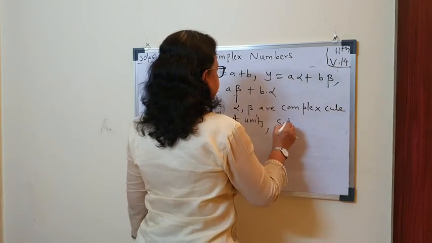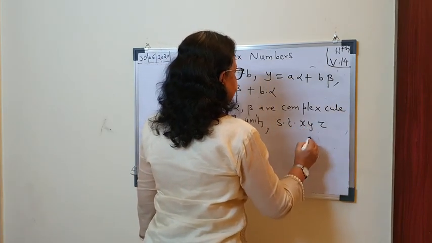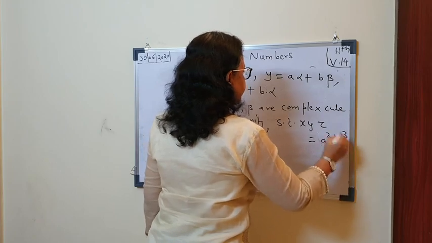Show that xyz equals a cube plus b cube.